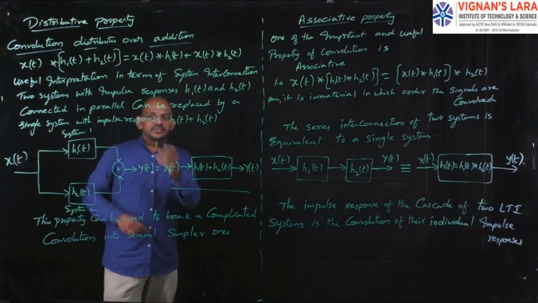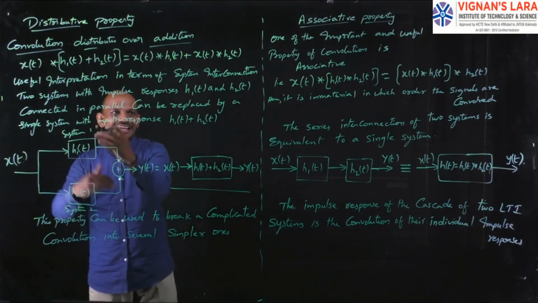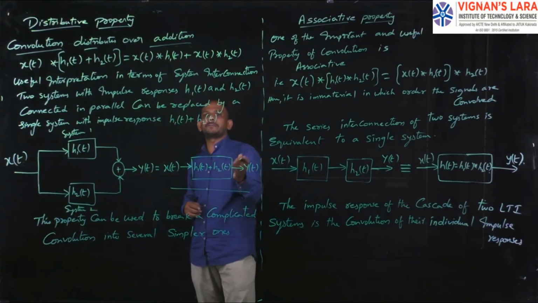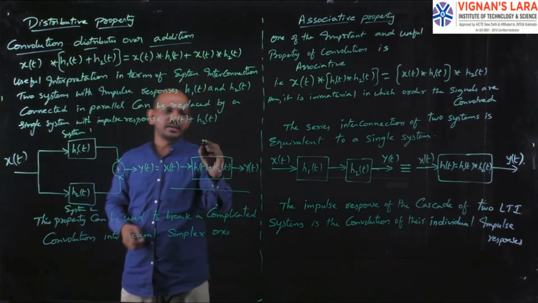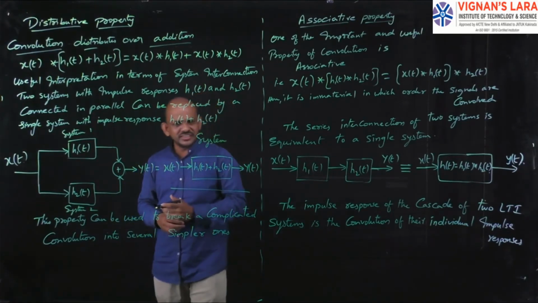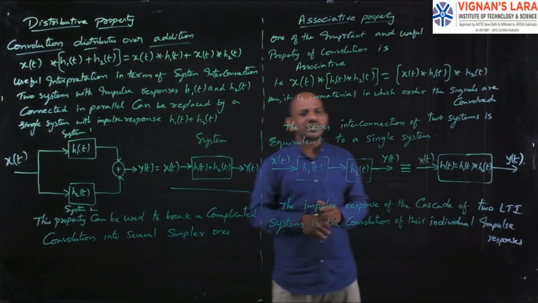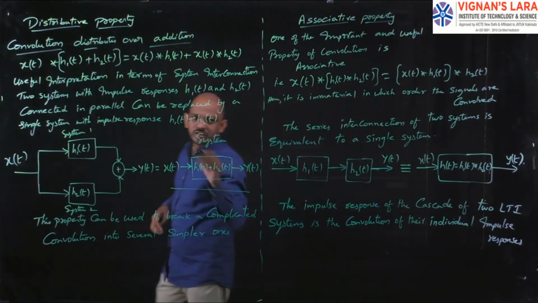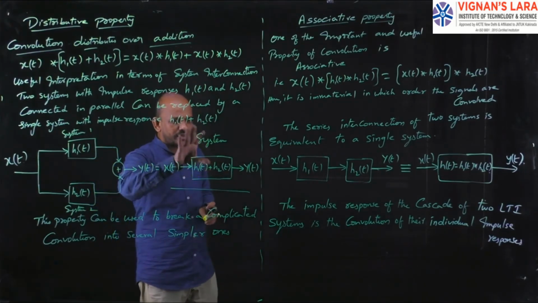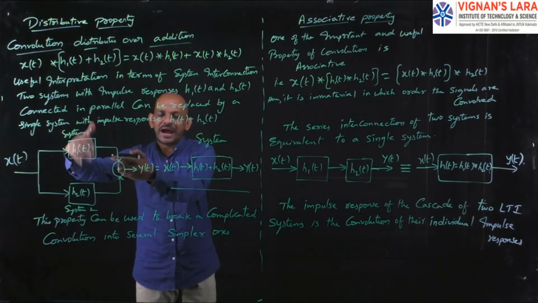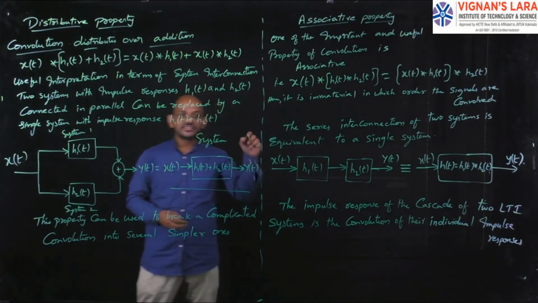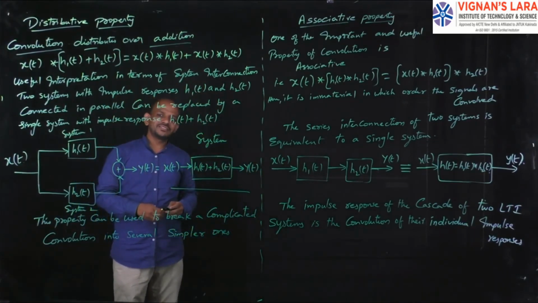This parallel connection can be replaced by a single system whose impulse response is the combination h1 of t plus h2 of t. Now I can replace this parallel connection with a single system whose impulse response is h1 of t plus h2 of t.